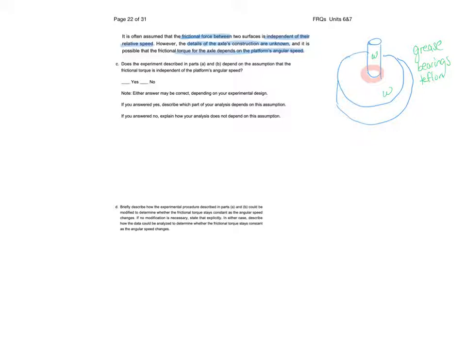Now, as we're speeding this thing up, we might expect the axle, if anything, to have a greater omega than the disc, because the axle is what's driving it. If there's very high friction, the omegas will be close to each other. If there's low friction, the axle will have a much greater omega than the disc. So let's say the axle has 2 omega and the disc has 1 omega.